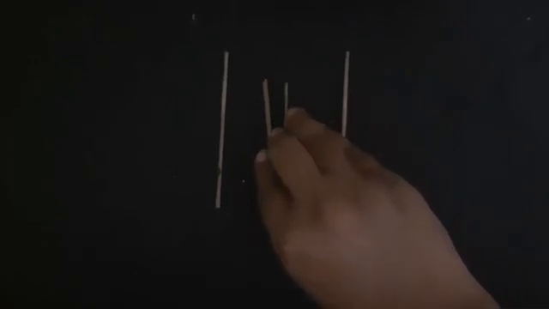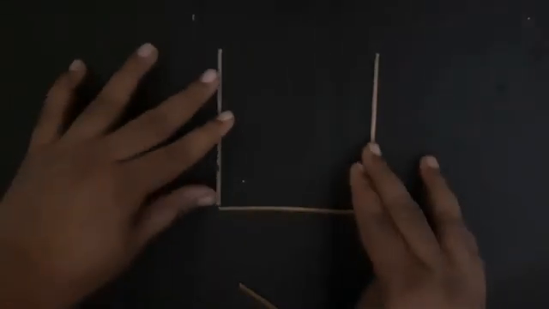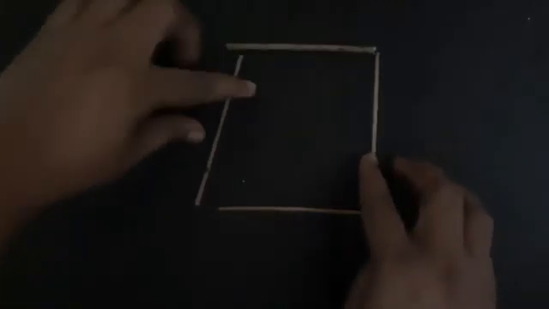Now I'm going to arrange 2 lines as standing lines and 2 lines as sleeping lines to make one closed figure. Yes children. So I have arranged it like this. Now here, 2 lines are running in different directions.